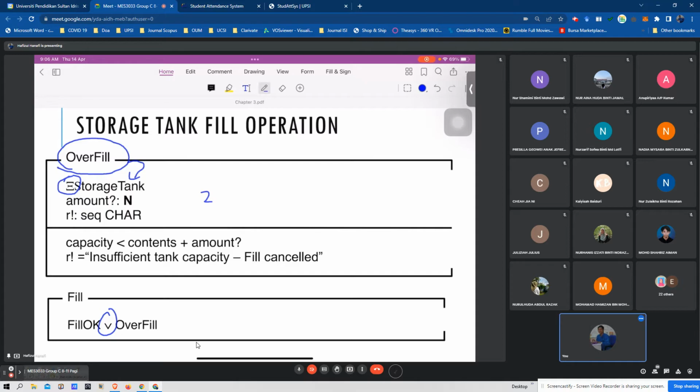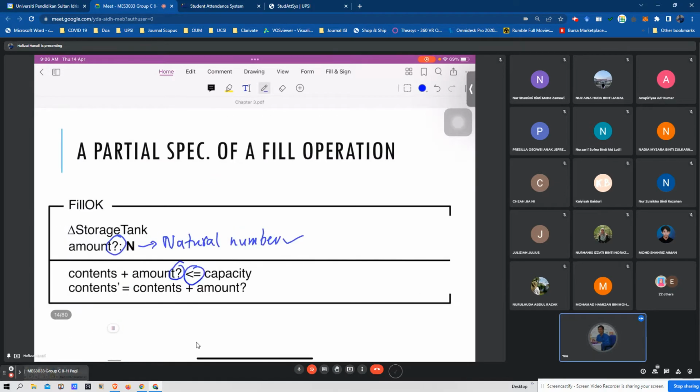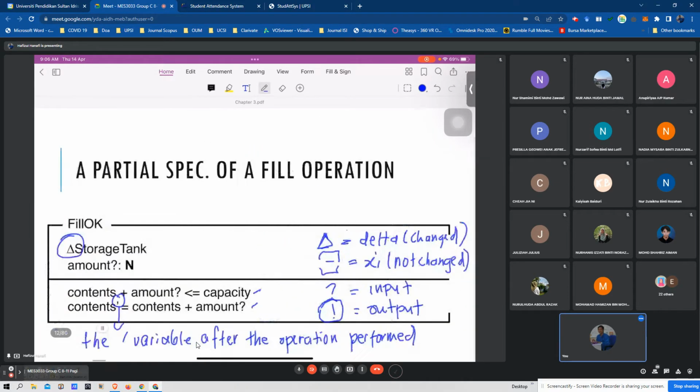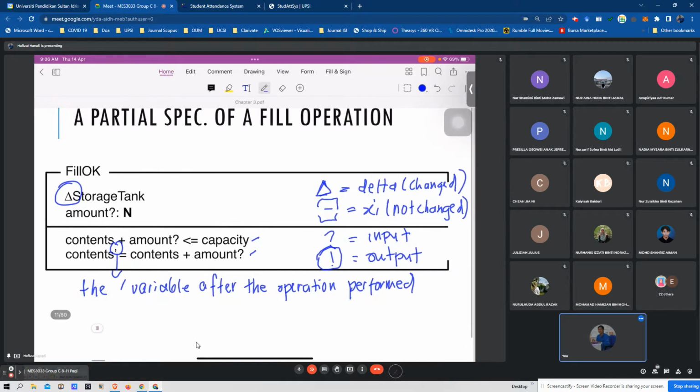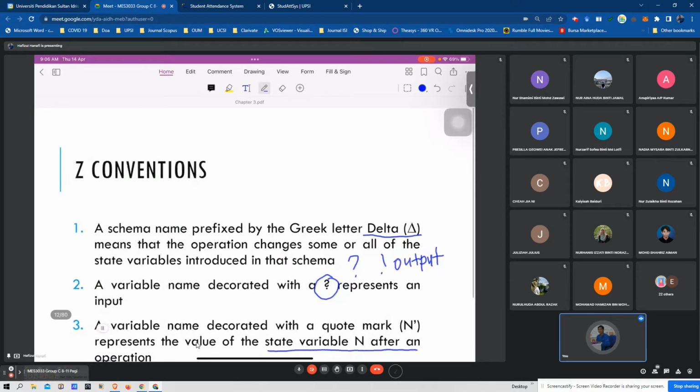Let's say the capacity is 250,000 liters. It is a fixed number. Capacity of 250,000 is fixed. It's not an invariant. It is a constant.